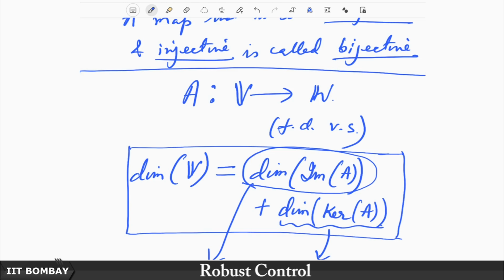After all, the definition of a subspace is that every element in that subspace is contained in the parent space.